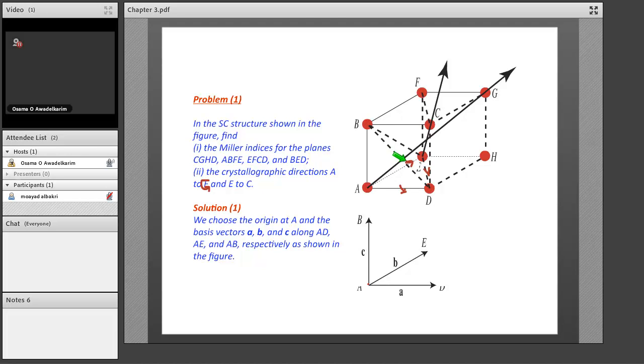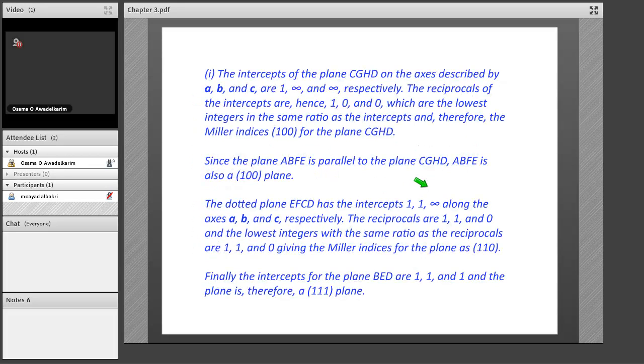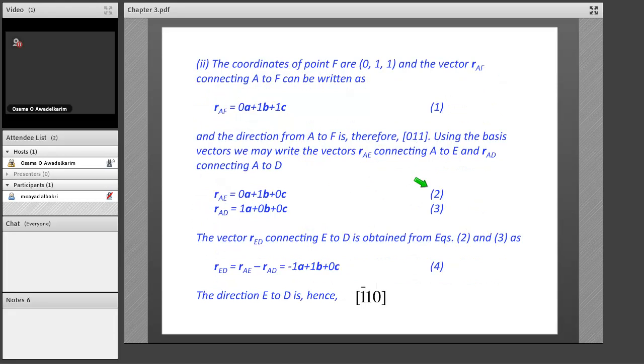So A to D is the sum of A to E plus E to D. So indeed, this relation is true. E to D is the difference between A to D and A to E. If we write these vectors and make the subtraction, this is what we end up having.